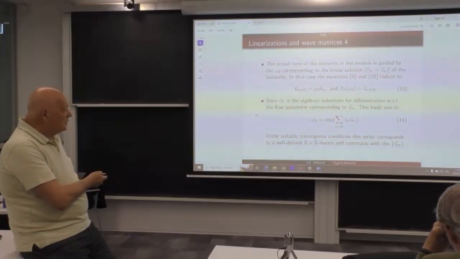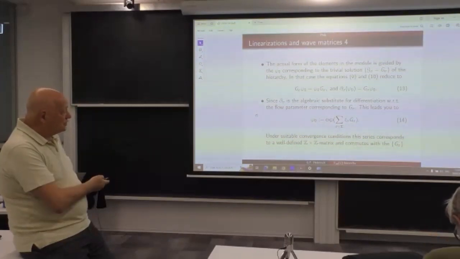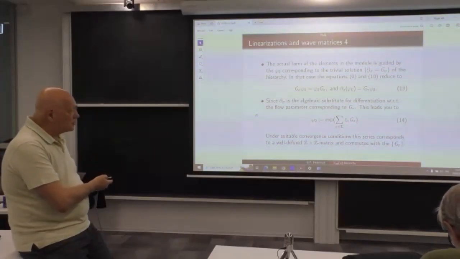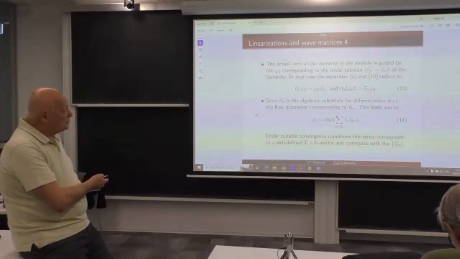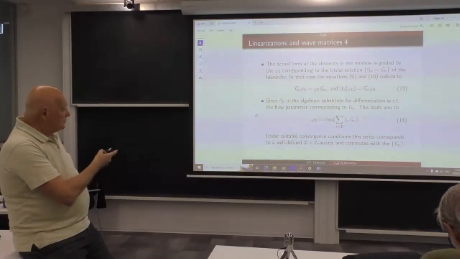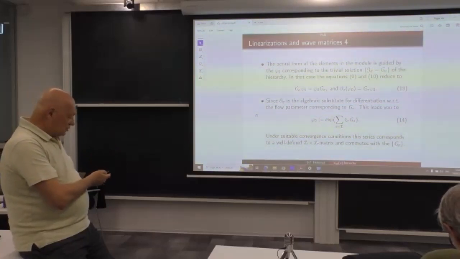G sigma is a solution of the equation 13. T sigma is the flow parameter with respect to G sigma. Now, this is a decent matrix if you use some convergence conditions, and it commutes with the G sigma.